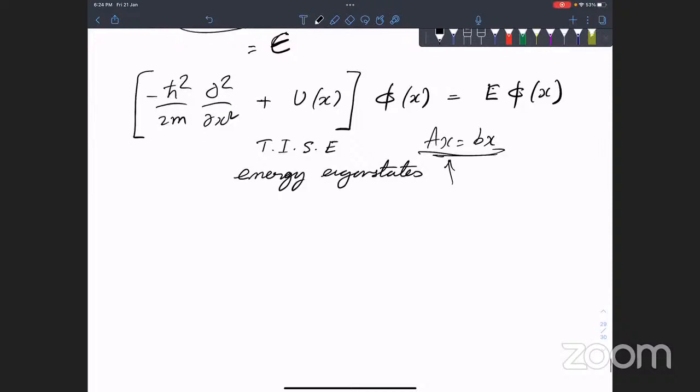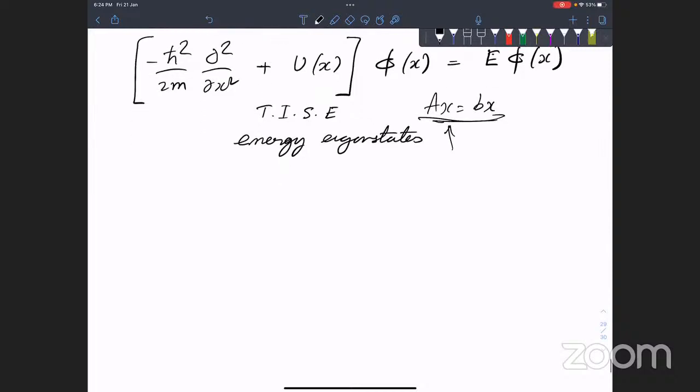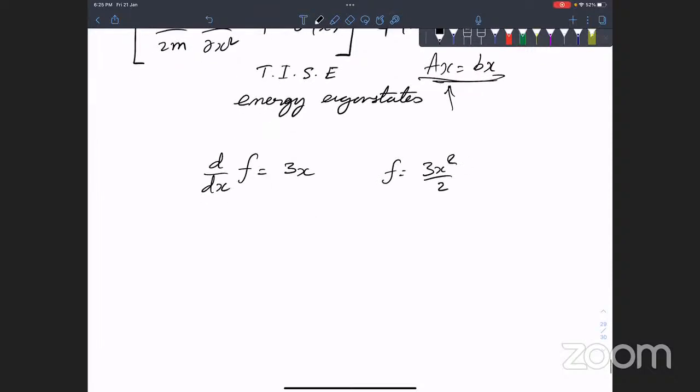So we got this idea. Remember, if I have any differential equation, let us say consider the differential equation d by dx of f is equal to 3 times x, for example. What is f? f is 3x squared by 2. This is one of the possible solutions.